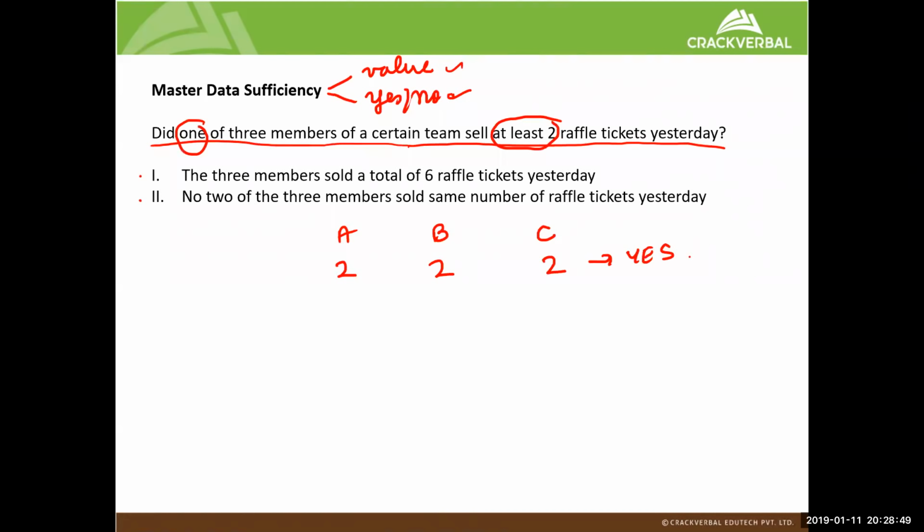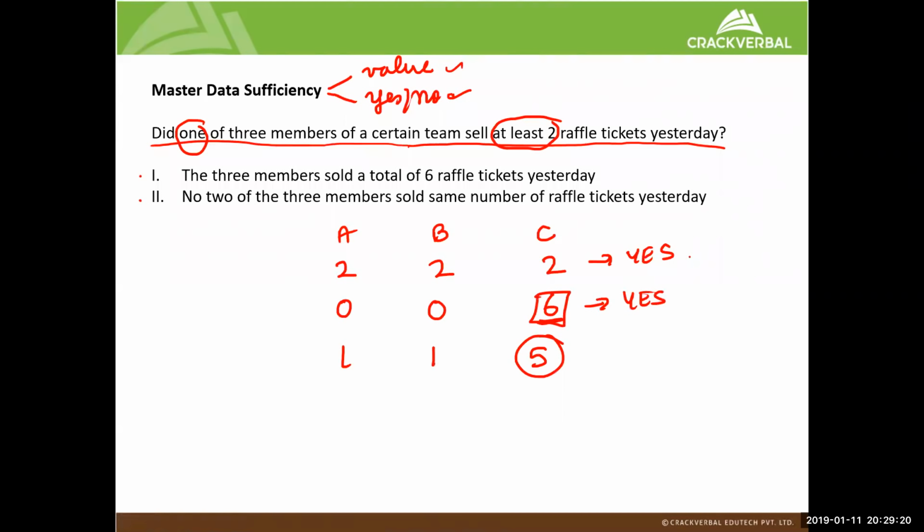And now I can juggle between the numbers, right? It need not be 2, 2 and 2. I can also say this is 0, 0 and 6. I can say only C sold all 6. But in this case also, I'm still going to have one of the members who sold at least 2 raffle tickets yesterday, so this also gives me a yes. And you'll realize whatever I do, if I juggle the numbers around, I will always get one person who sold at least 2 raffle tickets yesterday, because the minimum I can go to for each person is 2, 2 and 2.